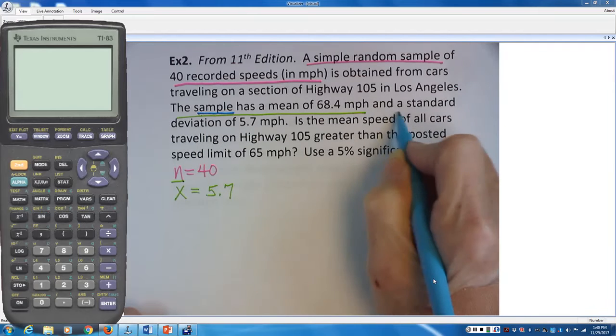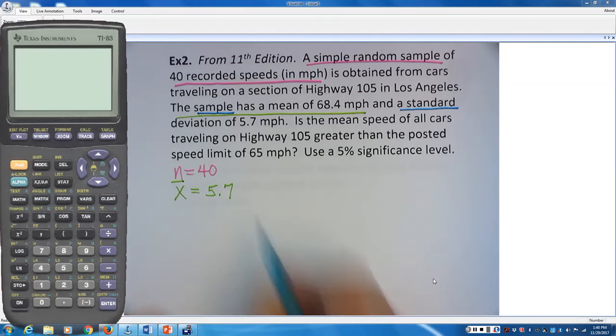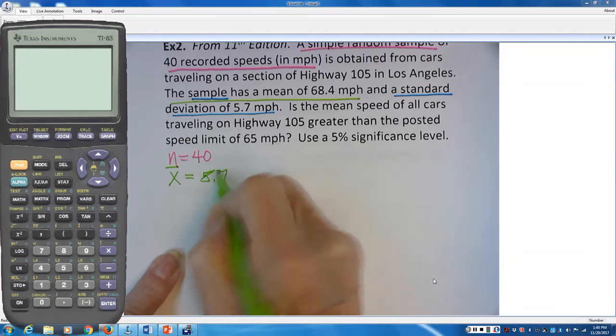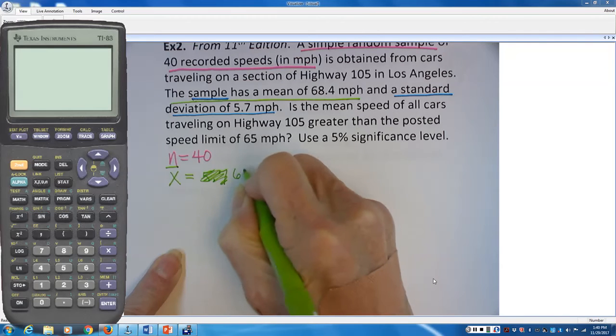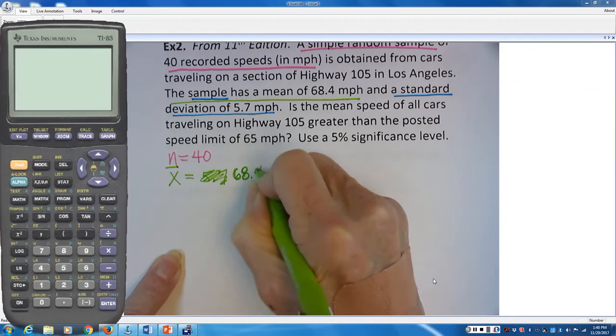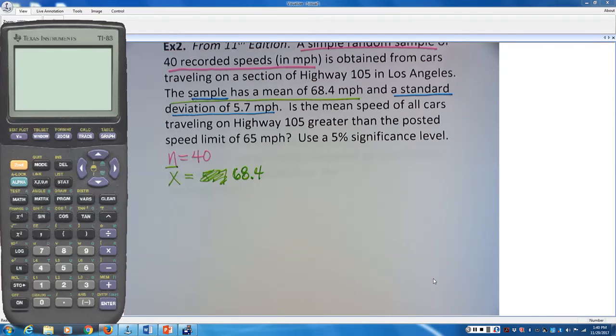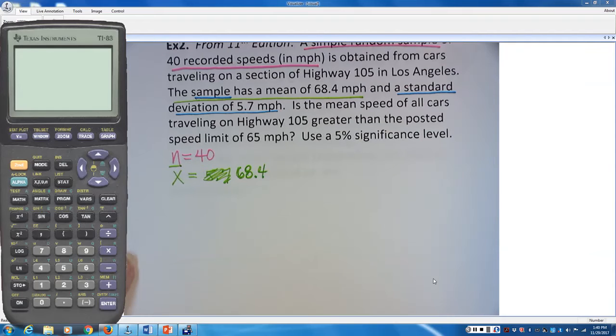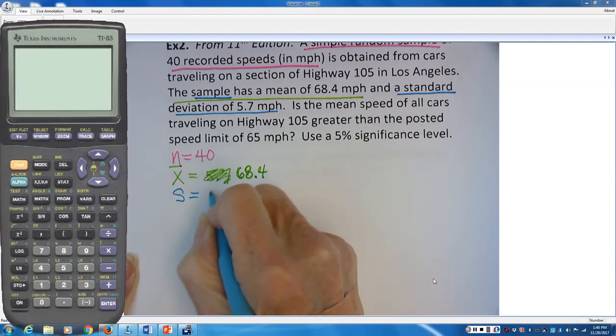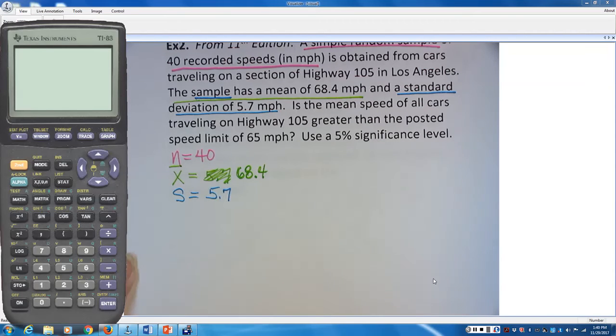And that sample has a standard deviation. And the symbol for that is? No, you put the standard deviation, you meant 68.4. Oh, sorry. Thank you. So then the 5.7 is S. And now you know that it's going to be an X bar.